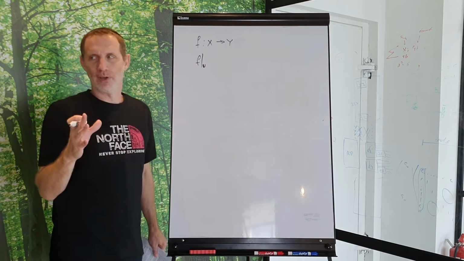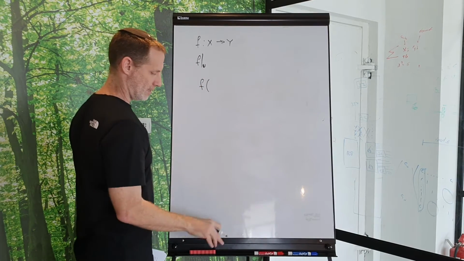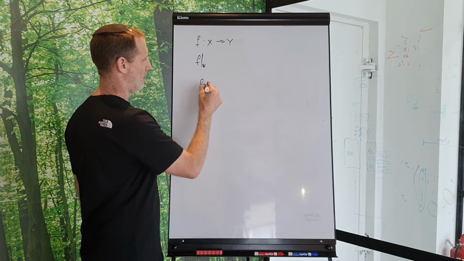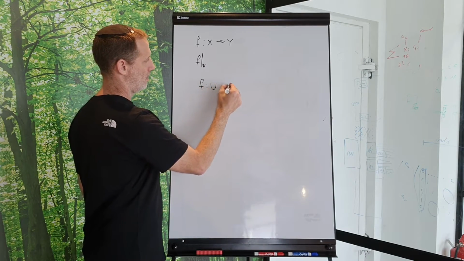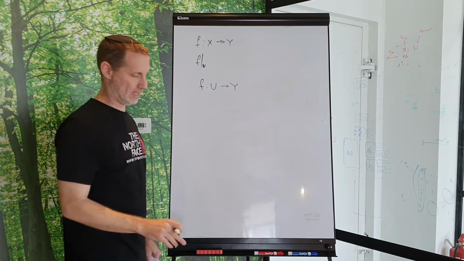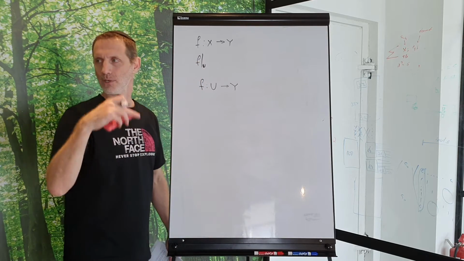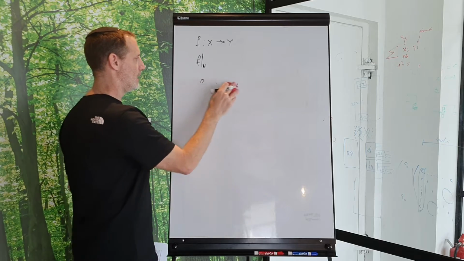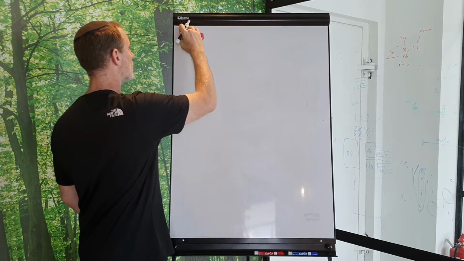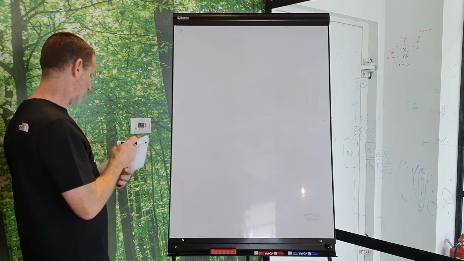It would define a sort of sub-function, a function from U to Y, that is the subset of this function. So it's no longer a set. The restriction is actually another function, and it is useful sometimes, but not so much in our future context at the moment.